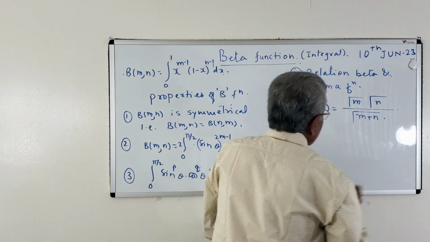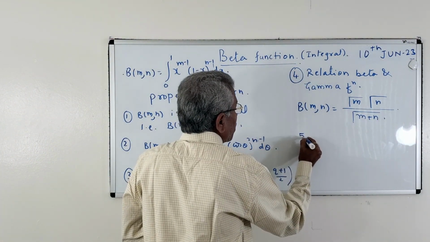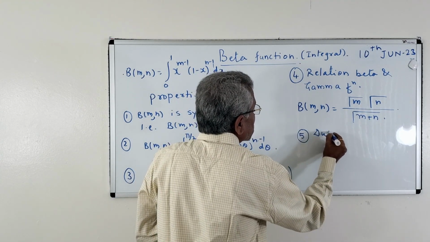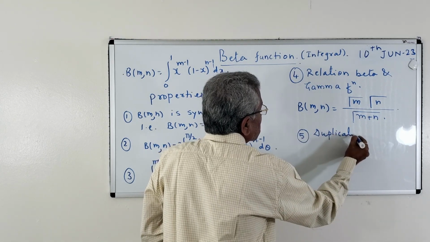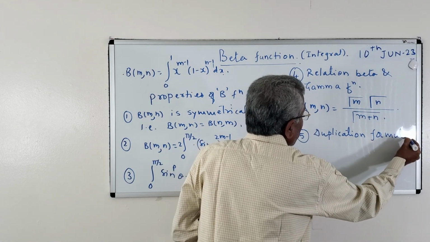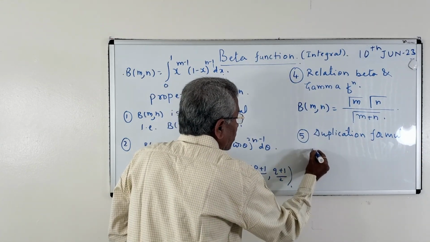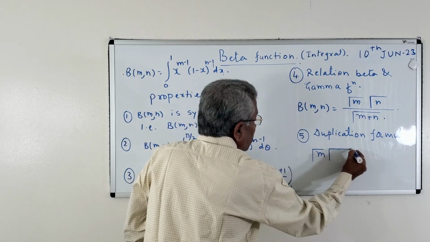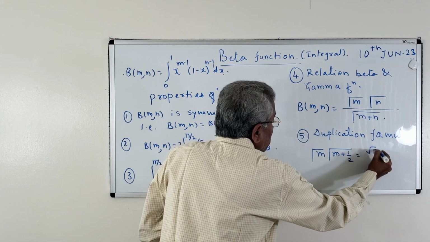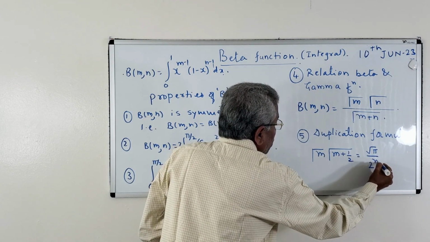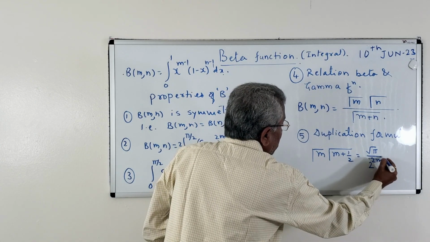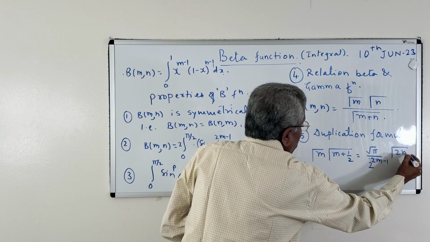Now the fifth one is another useful property, also called the duplication formula, and it is gamma of m plus 1 by 2 is root pi upon 2 raised to 2m minus 1 times gamma 2m.